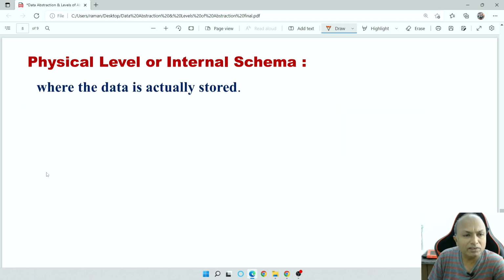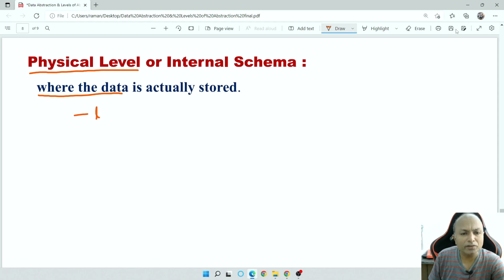Let us discuss the physical level. It is also called the internal level. The schema at this level is called the internal schema. It will tell us where the data is actually stored, that means the location of data.